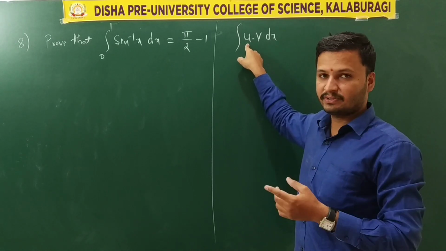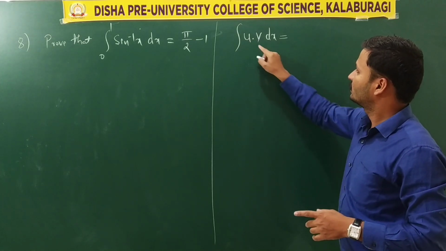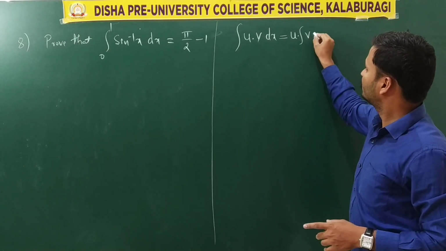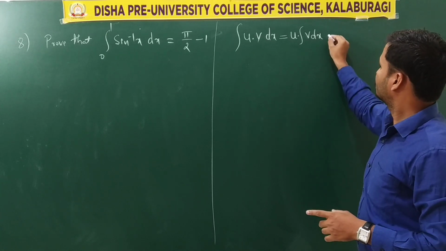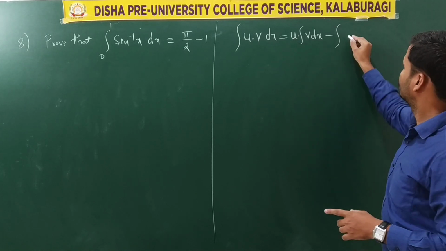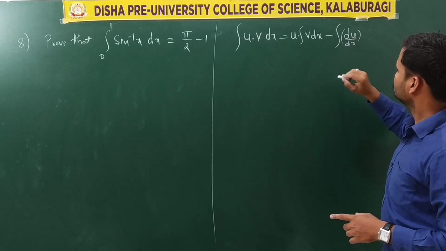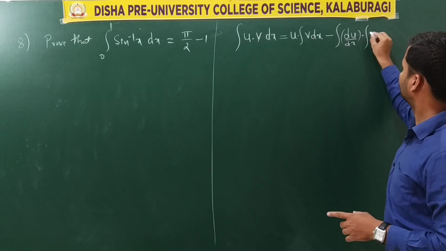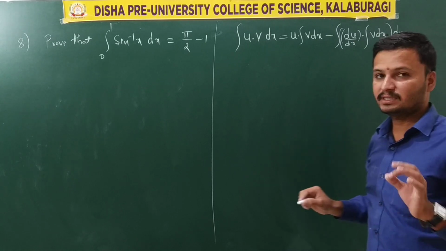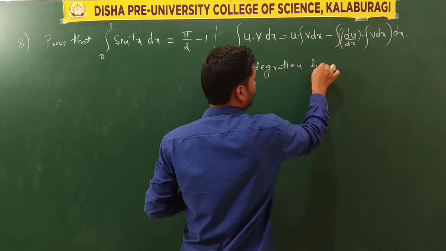Using integration by parts: integration of u into v is equal to u as is, into integration of v with respect to x, minus integration of the derivative of u with respect to x, into again the integration of v, dx. So this is the integration by parts method.